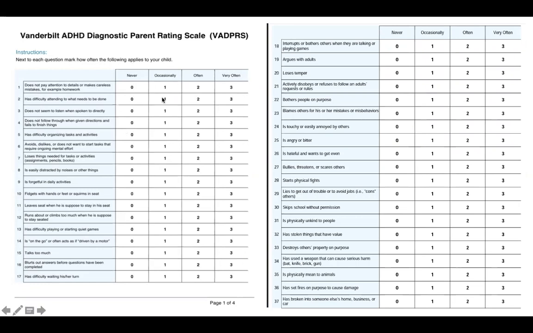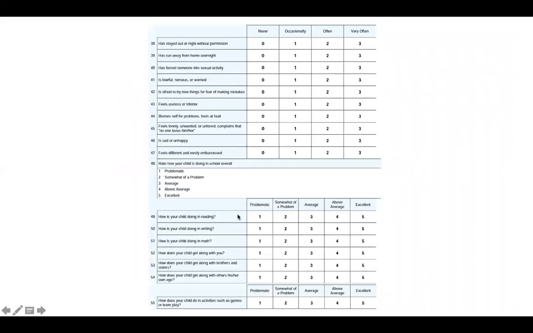So this is how the questionnaire looks. Up to here, it is for inattentive features. Up to here, it is for hyperactivity features. From 19 onwards, it is more for comorbidities. Then one looks for arguing with adults, so oppositionality, conduct problems, and this fearful, nervous, etc., so anxiety and depression kind of features.